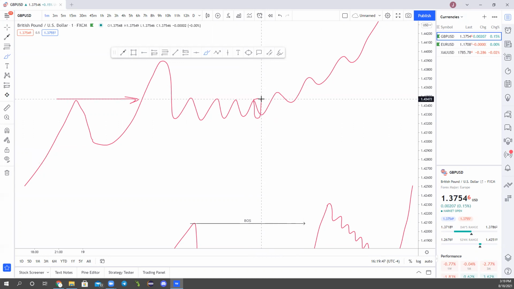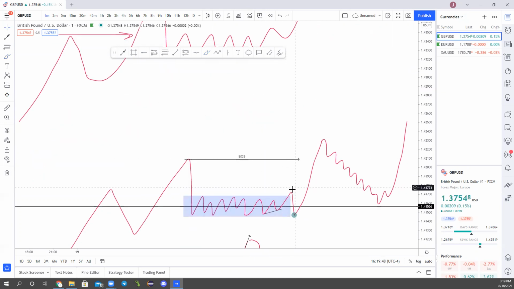But in this case, this was engineered to take a little bit of liquidity in an impulsive manner. When you see runs of liquidity, it's almost always an impulsive movement. In the case of demand to the downside, it's an impulsive push down and an immediate push back to the upside.